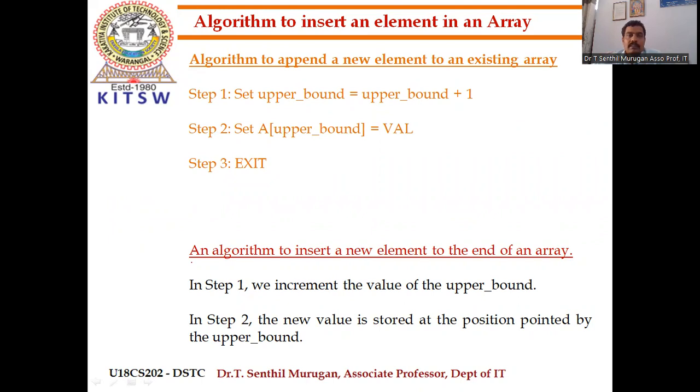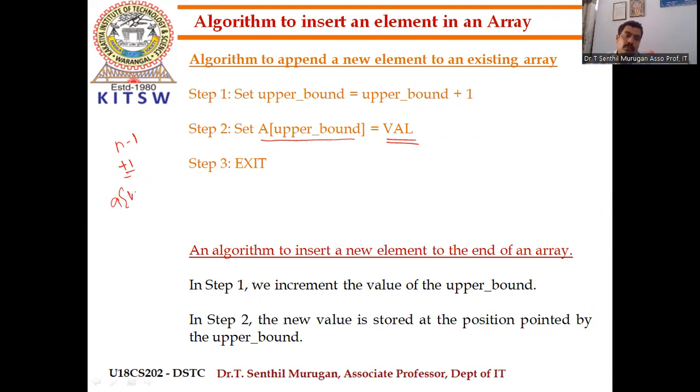First we have to check and set the upper bound. If we want to add new values, we have to increase the size of the memory. The upper bound is n minus 1, so you add plus 1; one more memory space has to be allocated. For the newly allocated space, you can assign the value directly.